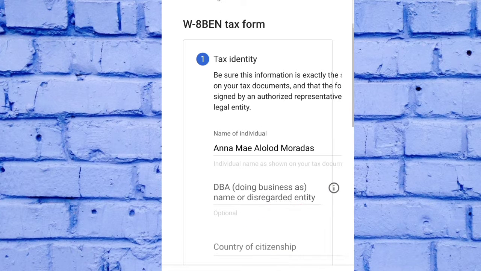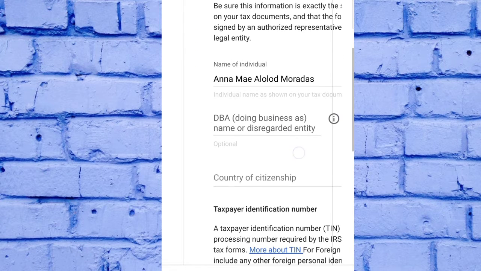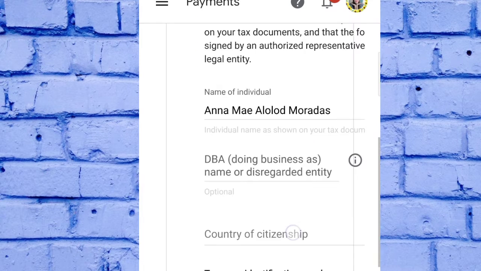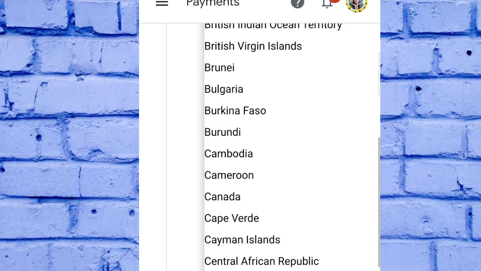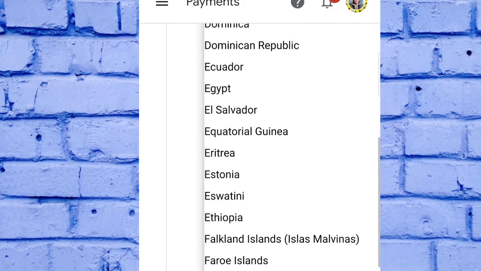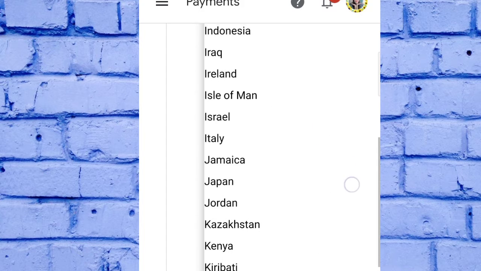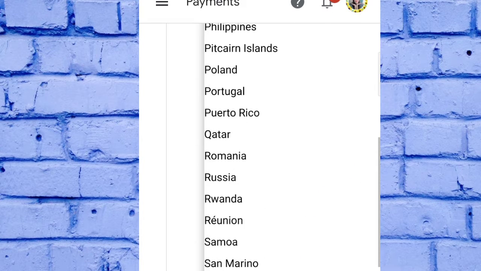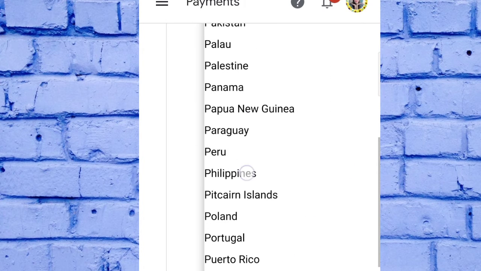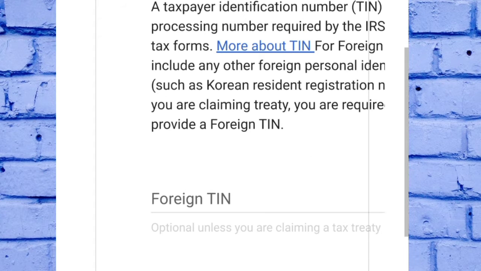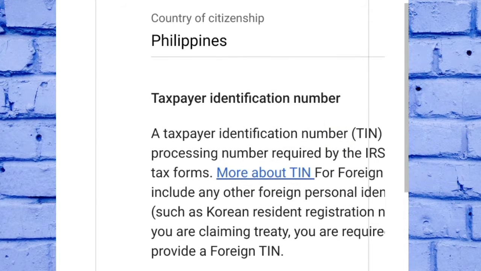So, yun, nandito na tayo sa tax identity. So, name individual is my name, country is Philippines. Next is your taxpayer identification number.